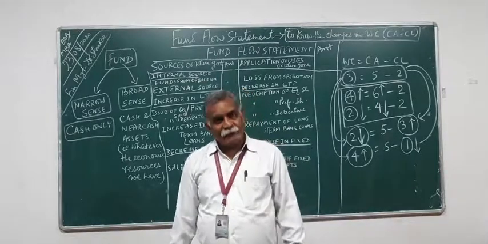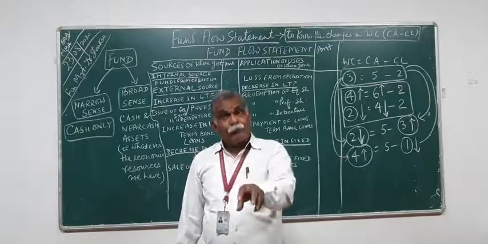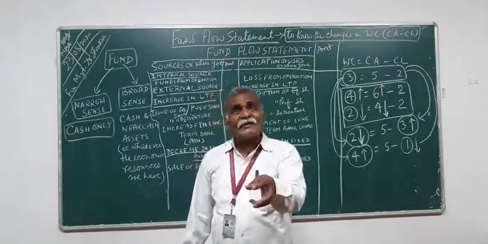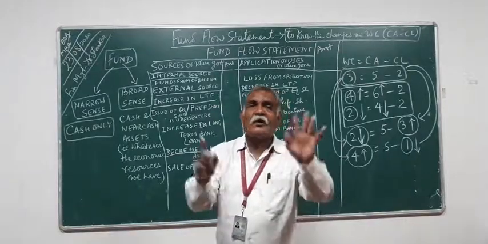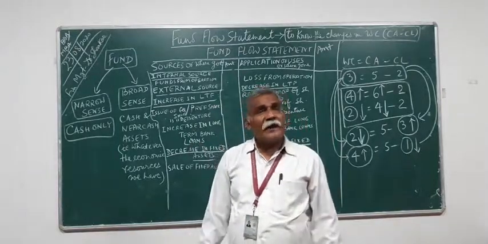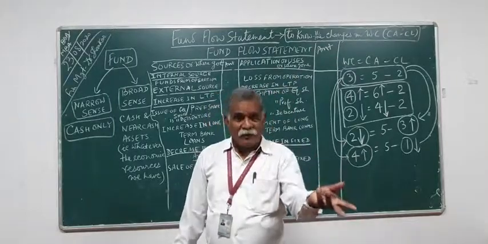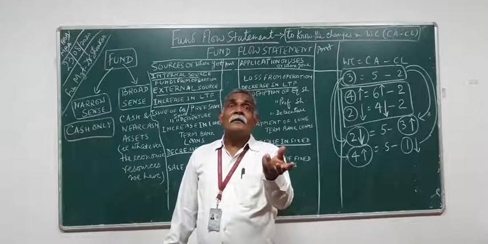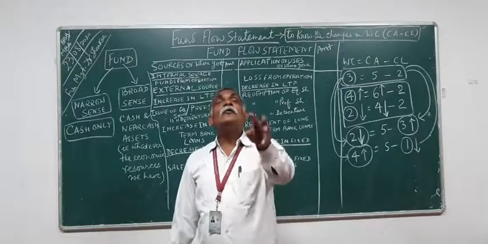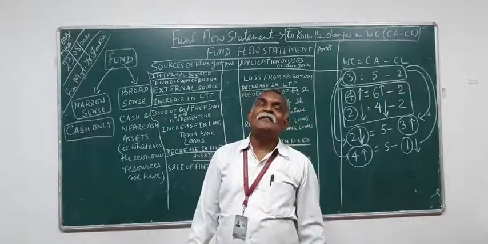What do you think? Is that net profit the source you are generating only from operation? Not at all. Why? Because the net profit which you calculate from the profit and loss account is a combination of non-operating income and gains, and non-operating expenses and losses.